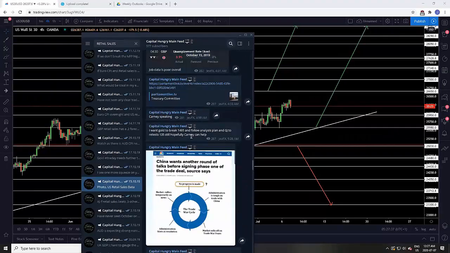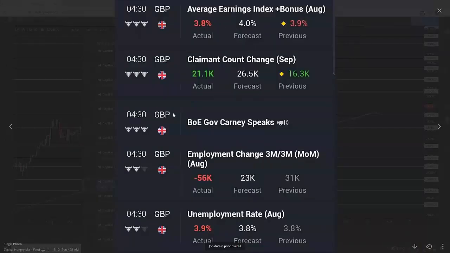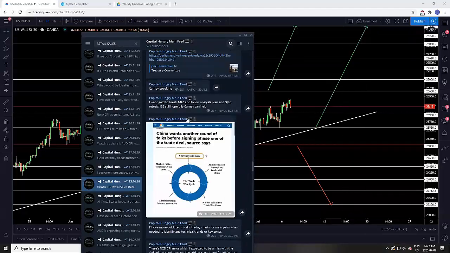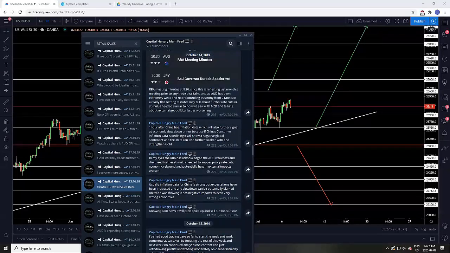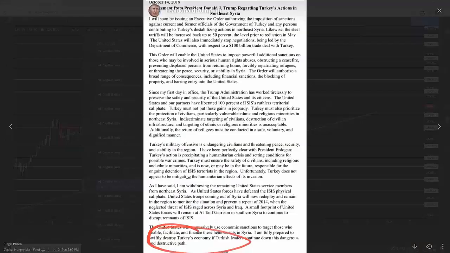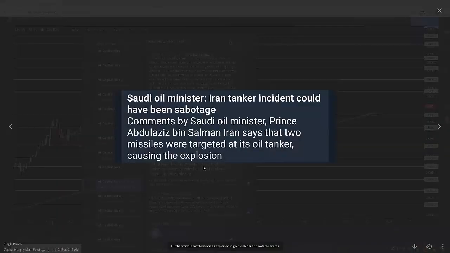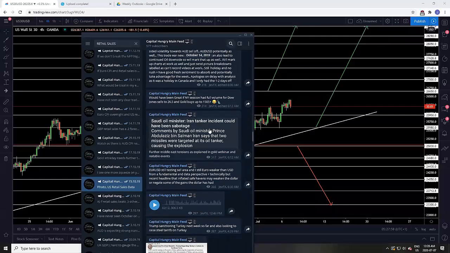And then the same thing when Bank of England Carney used to speak. This is when gold was in the 1500s. Yeah, like the Iran war stuff. We were going crazy in here. We've been watching this Iran stuff since back then.